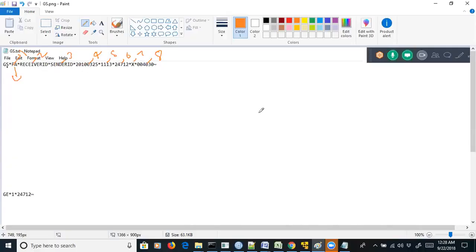Like your 850. 850 is an EDI standard. 850 is an EDI transaction, which is nothing but a purchase order. So this purchase order, this EDI transaction, is identified by this number, which says 850.